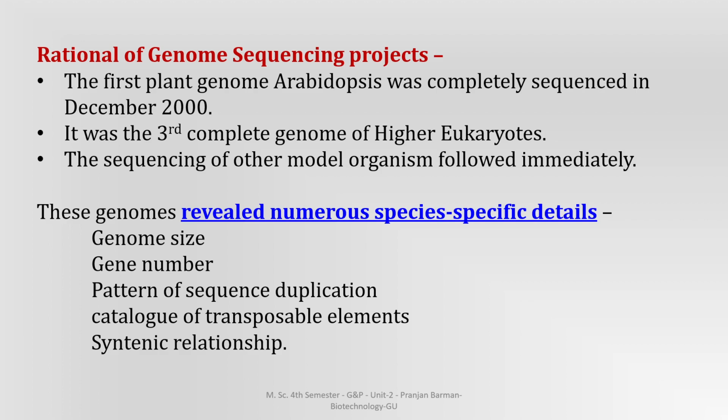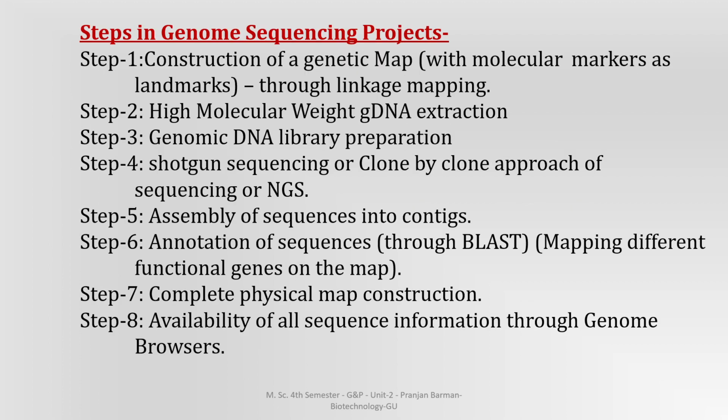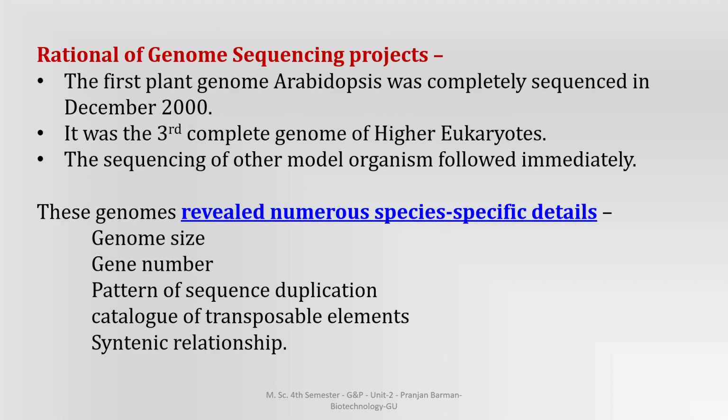If you have genome information about one Gramineae family member, then that sequence information can be utilized in various ways to study other Gramineae species. That is called comparative genomics. Comparative genomics is based on syntenic relationship, which I will show you in a later part of my presentation.